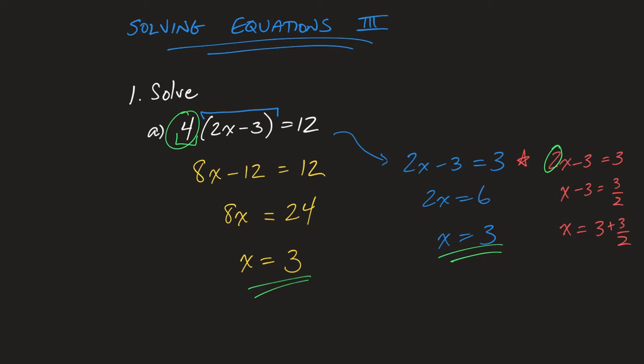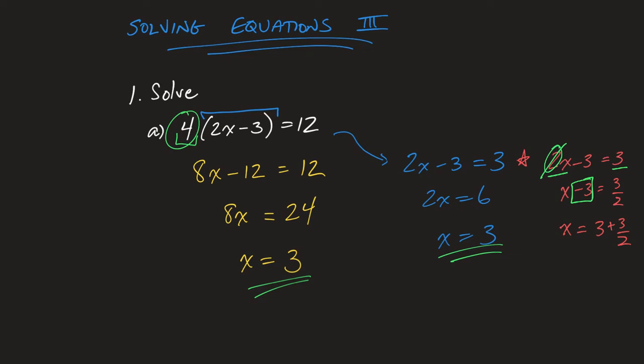So my mistake in the red was that when I chose to divide by 2, I didn't divide every term by 2. I only divided the x term and the 3 by 2. I divided the x term by 2, that's why it disappeared. And I divided the right side by 2, you can see it on the 3/2, but I forgot, and I didn't divide everything by 2.